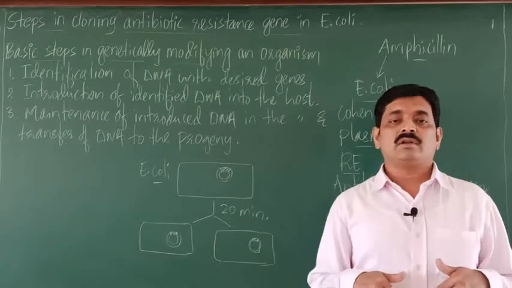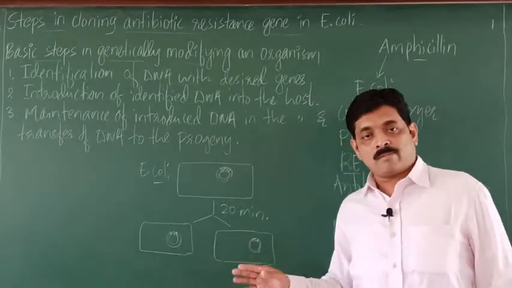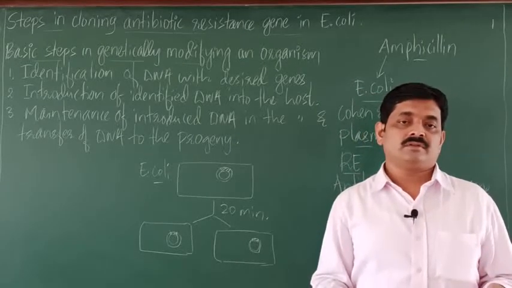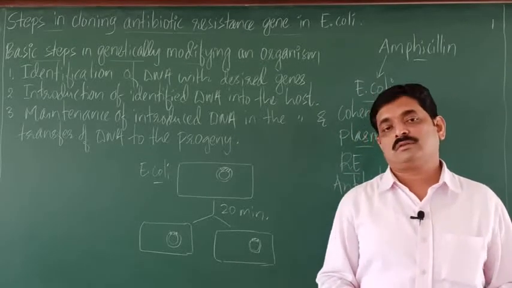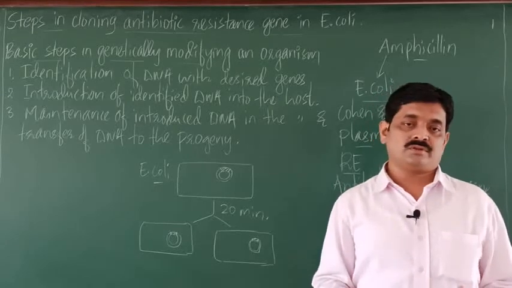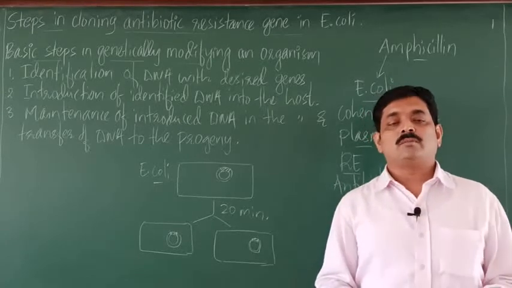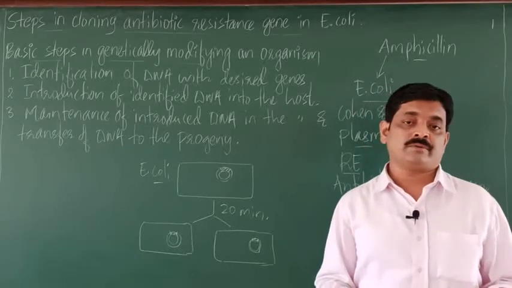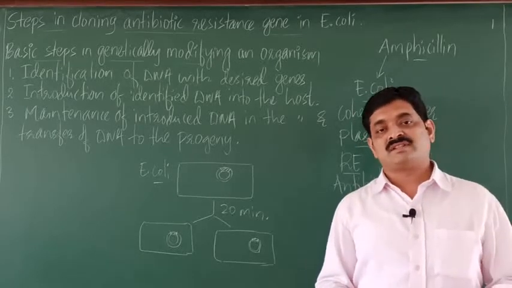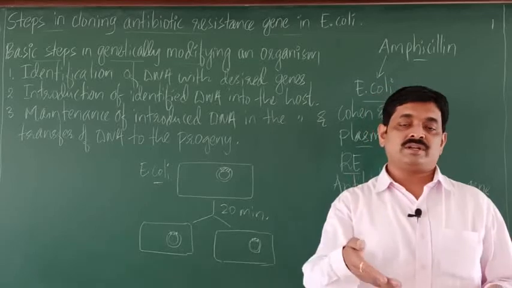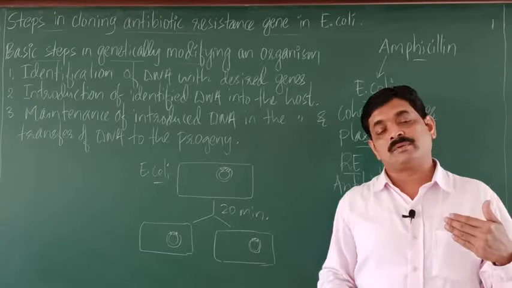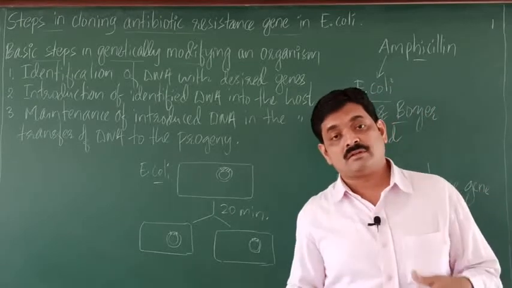When E. coli cells again reproduced after 20 minutes, 4 E. coli cells are produced. That means 4 recombinant DNA molecules are produced. That means 4 copies of desired gene are produced. These 4 copies, after another 20 minutes, produce 8 copies. After another 20 minutes, 16 copies. After another 20 minutes, 32 copies.